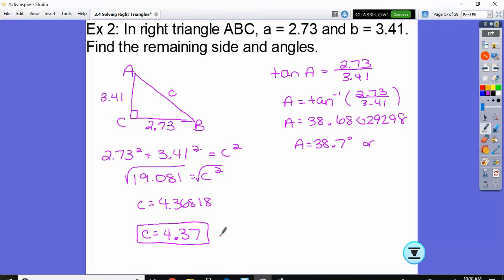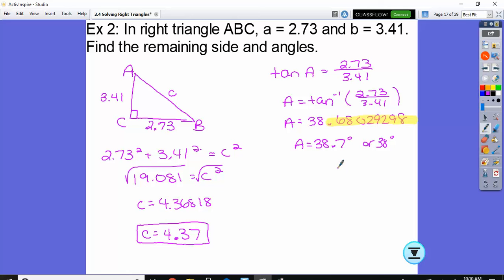If I wanted degrees and minutes, remember, my degrees I already know. To get your minutes, you take the decimal times 60. So type in that decimal times 60. It gives us 40.8.